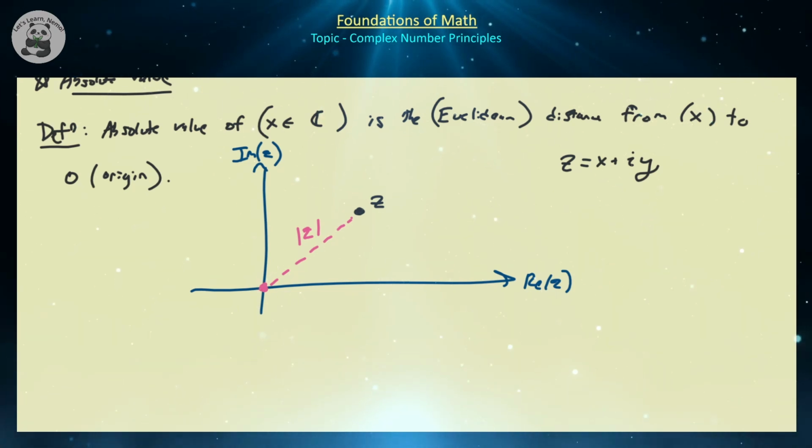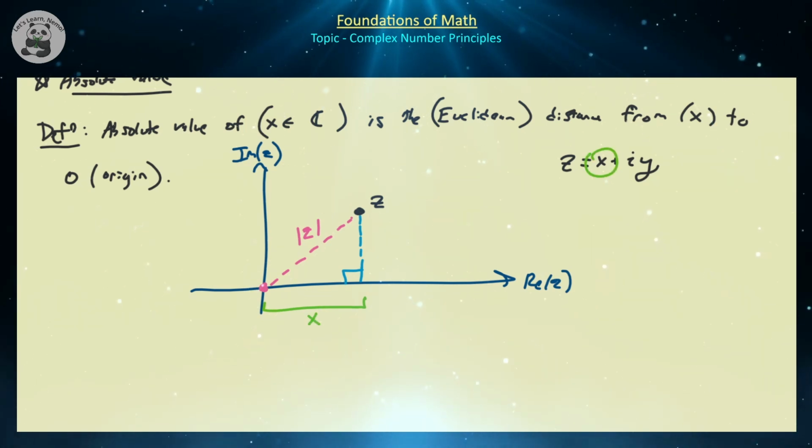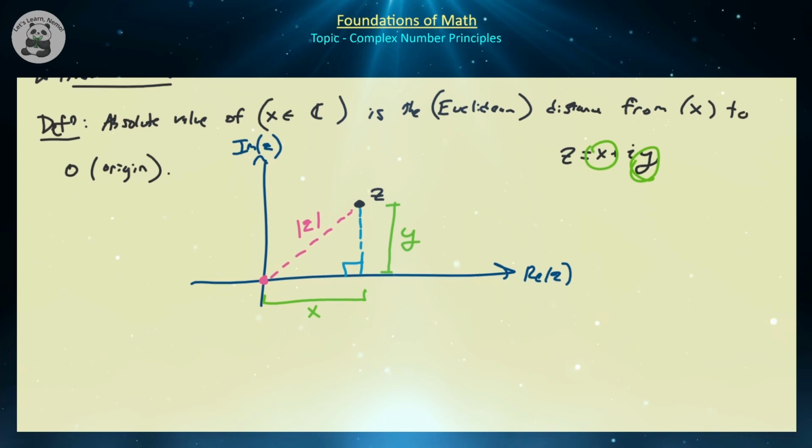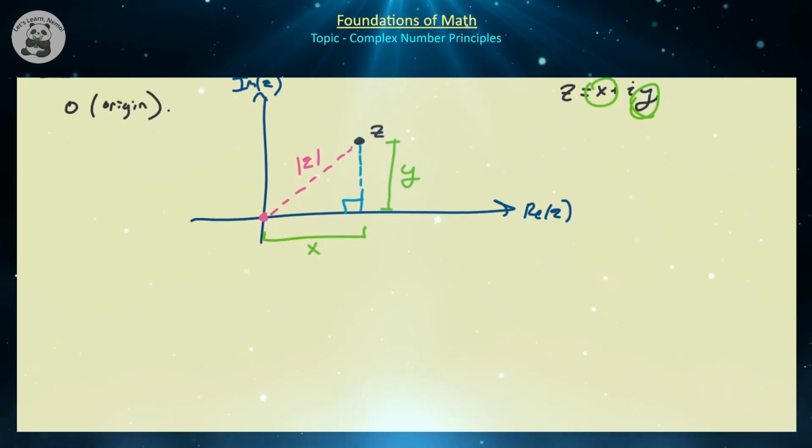So what we can do is drop a vertical line here and make a right angle. And what we have here is a right triangle. So we know that this distance here is going to be x, the real part. This distance right here is going to be y, the imaginary part. And since this is a right triangle, this satisfies the Pythagorean theorem, which says that x squared plus y squared is going to be equal to the absolute value of z, the quantity squared.